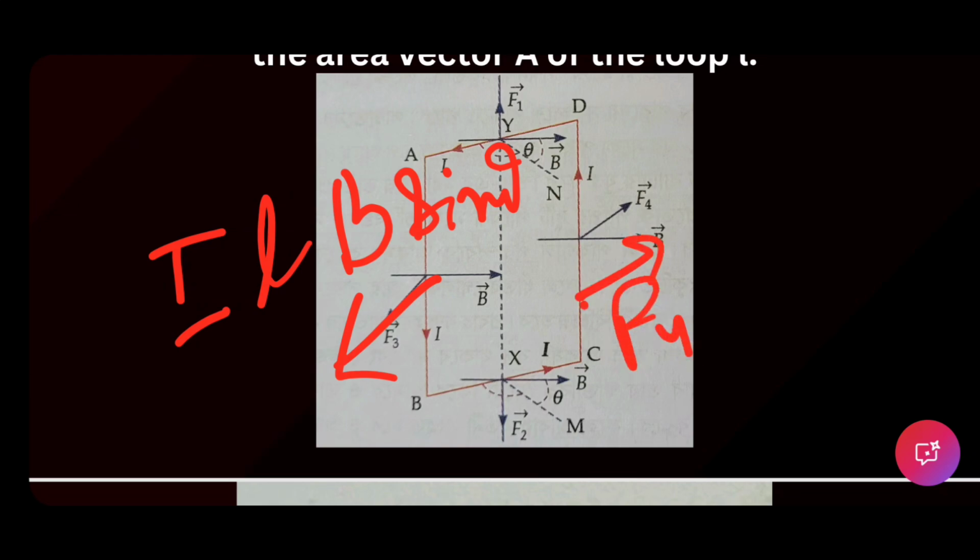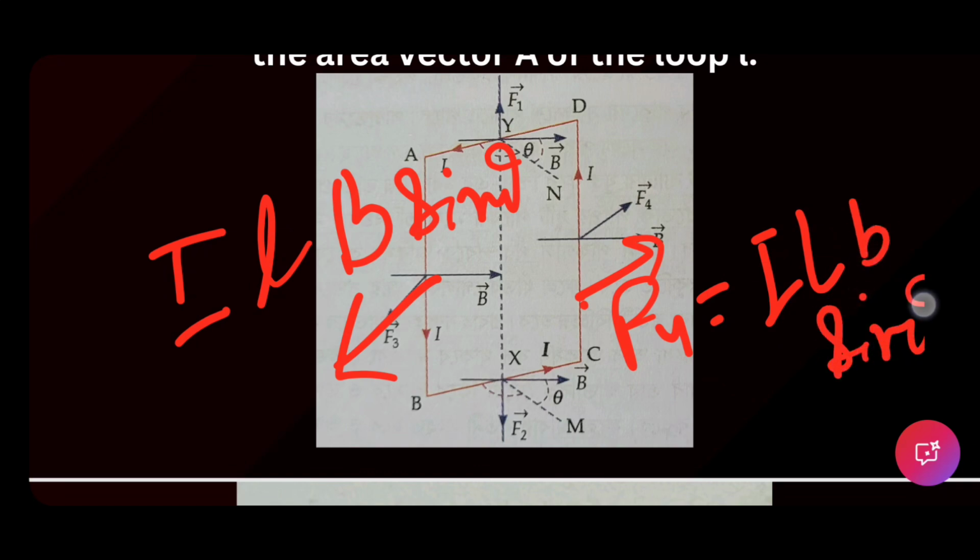I L B sin theta. Similarly, we get F4, I L B sin theta.